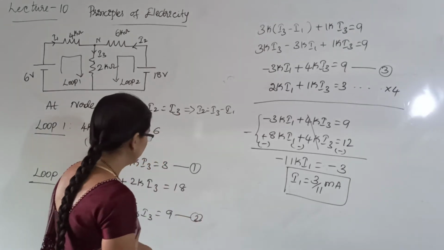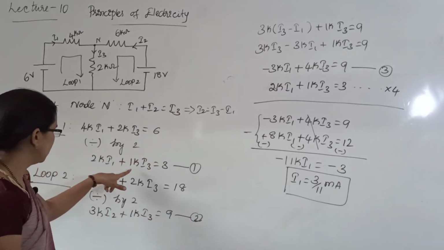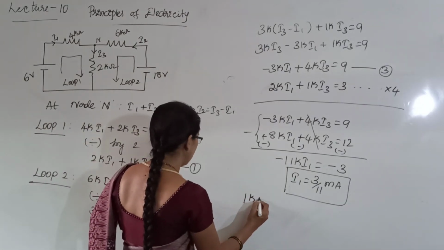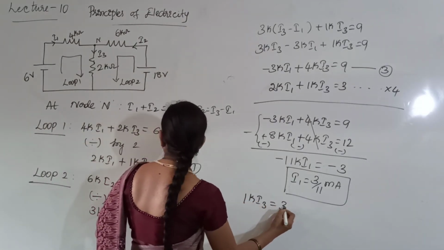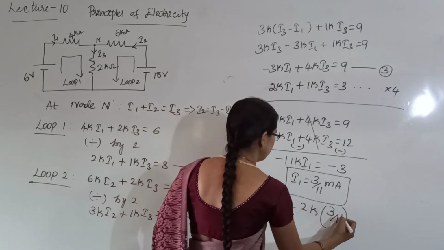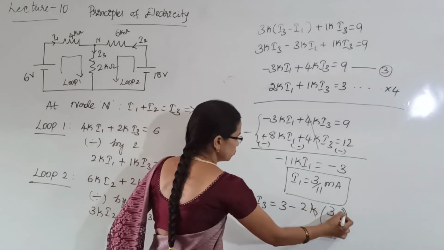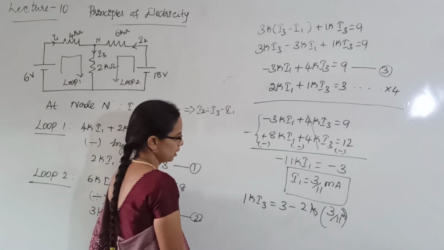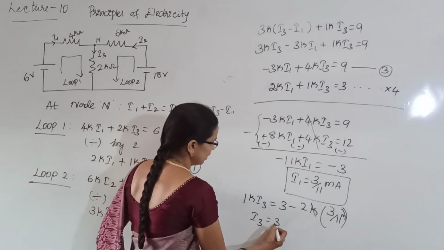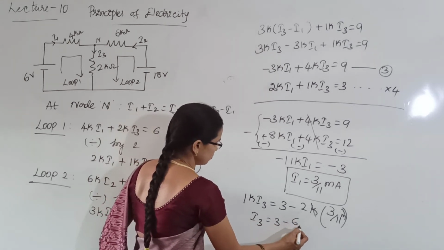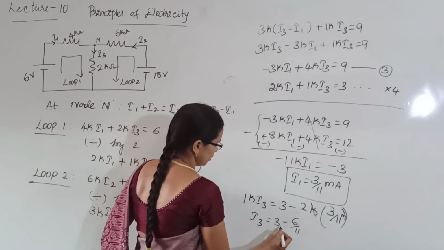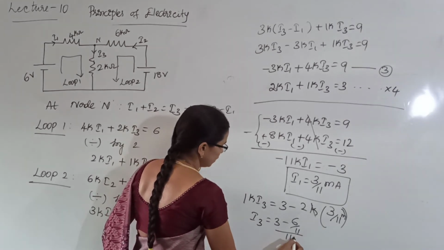Then go for calculating I3, that is 1k I3 is equal to 3 minus 2k into I1, that is 3 by 11 milli. These two get cancelled. It is I3 is equal to 3 minus 6 by 11 divided by 1 kilo.